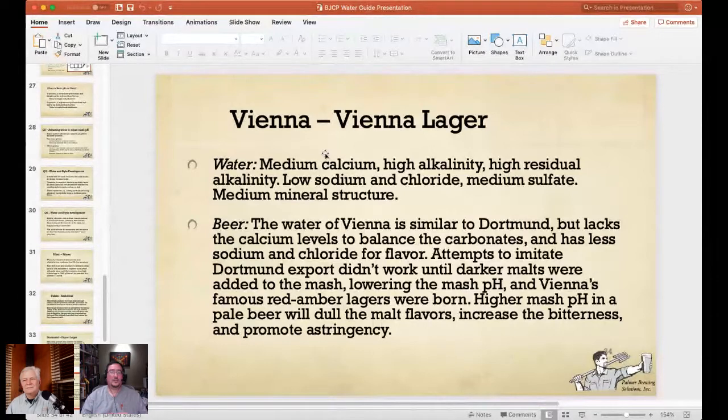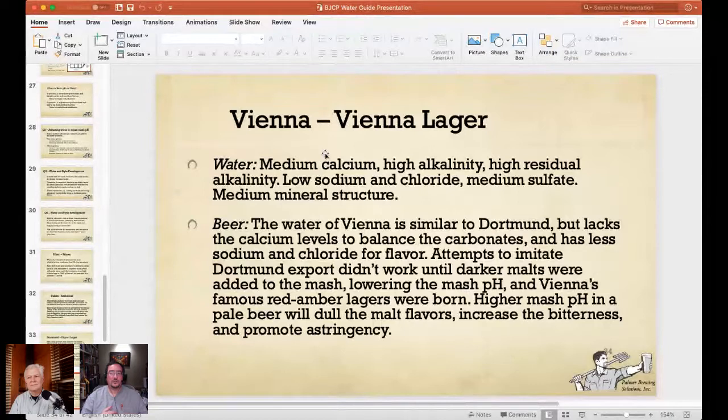So when we could achieve mash pH with the Dortmund water, we have less calcium with Vienna. We need more specialty malts to achieve a good mash pH, and therefore your Vienna beer color is darker than your Dortmund beer color. Okay, and this is where the red amber lagers would come from.